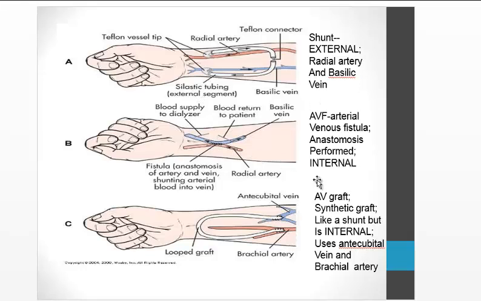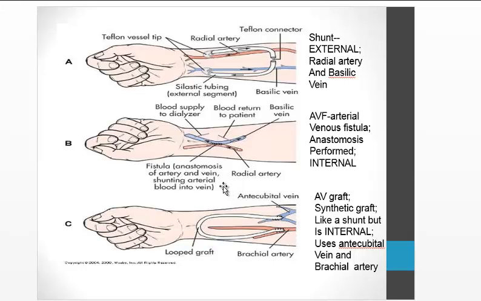The next type of access is called the AVF, or the arteriovenous fistula. What happens with this type of access is that there is an anastomosis performed for the patient.